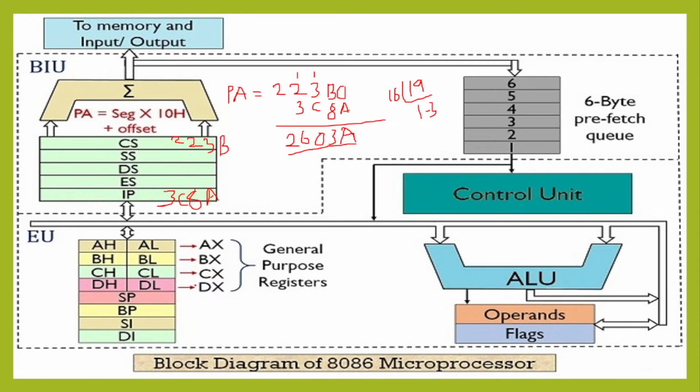For example, you can write an instruction like subtract CX comma DX. So CX minus DX, result in CX. That's the way we can write. We can use all the registers to hold data temporarily, perform ALU operations, and get the result on the same registers.